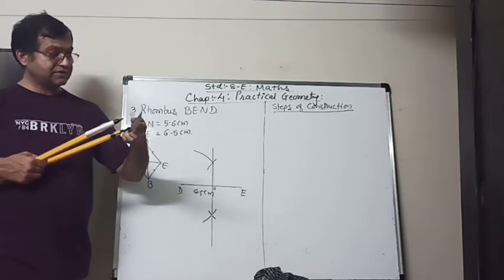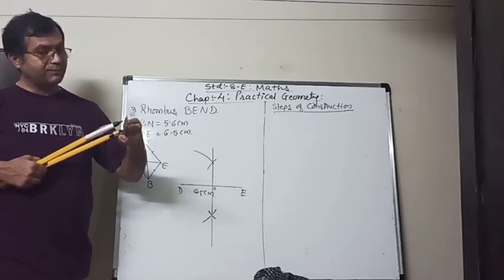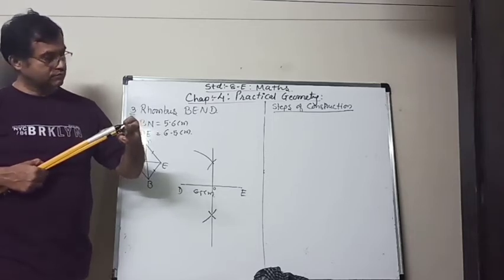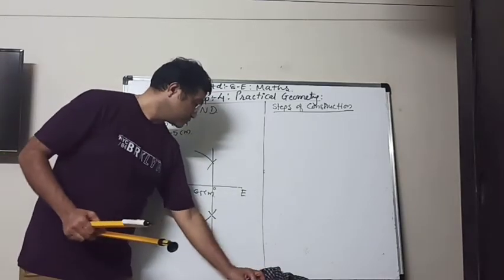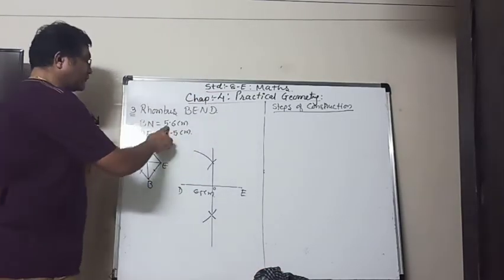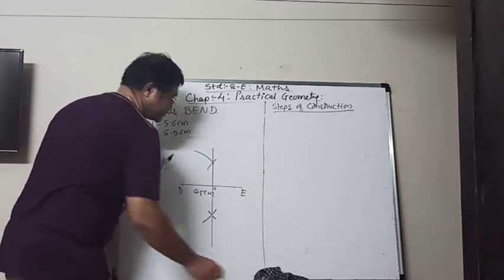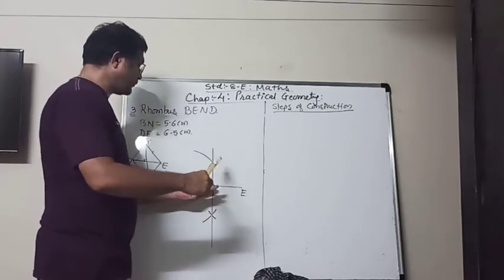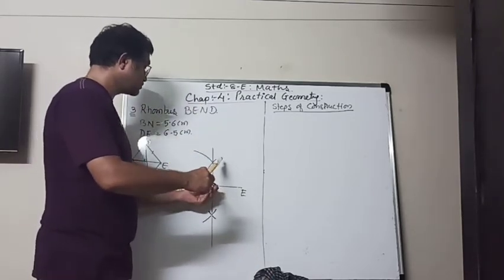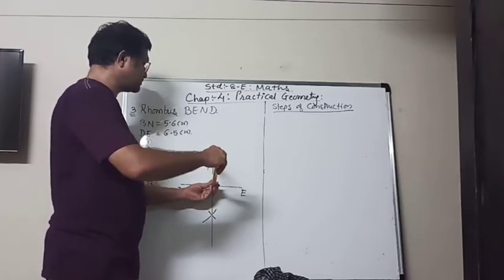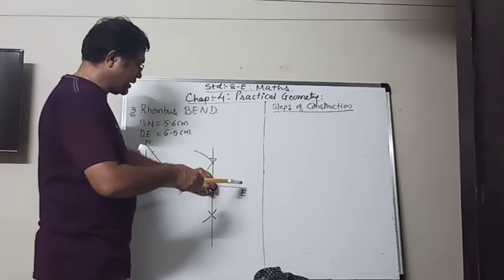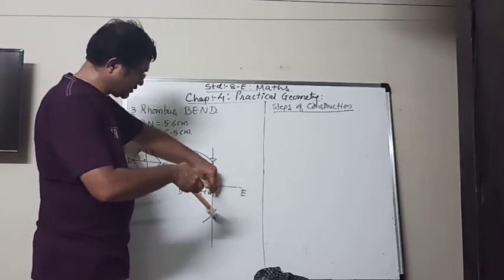And then from the point O, on that bisector, draw like that, and downward also.